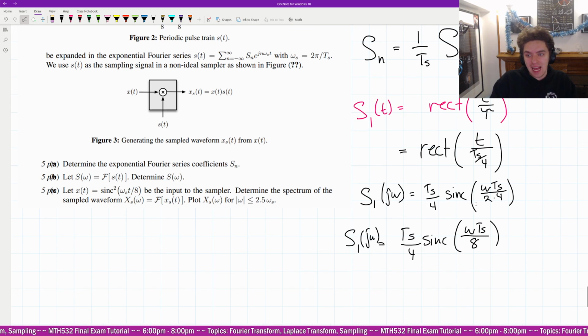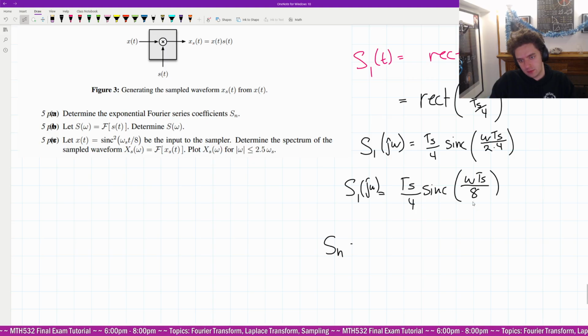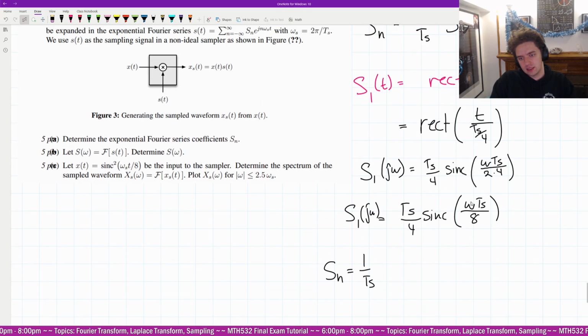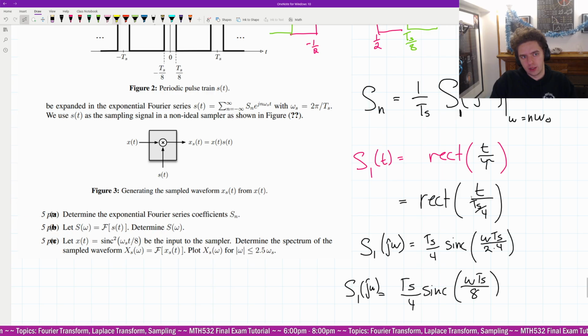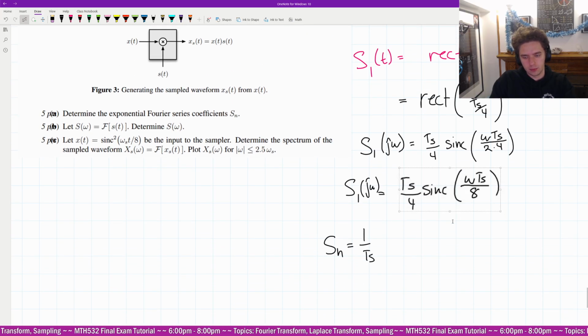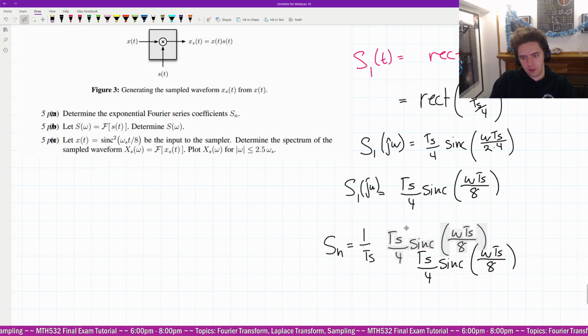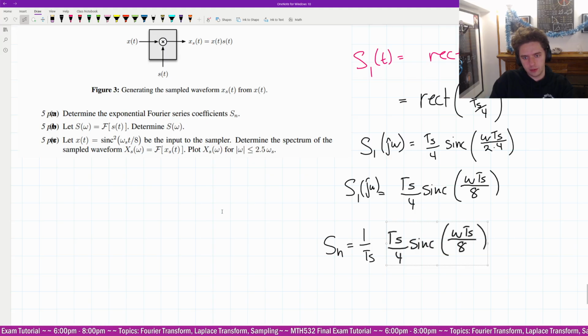And now to find Sn, well, this is just going to be 1 over TS times all this, right? So let me just color code it a little bit here. Let me do this in purple. And then I'm going to put this here, and I'm also going to put that in purple. It doesn't want me to do it in purple. All right.